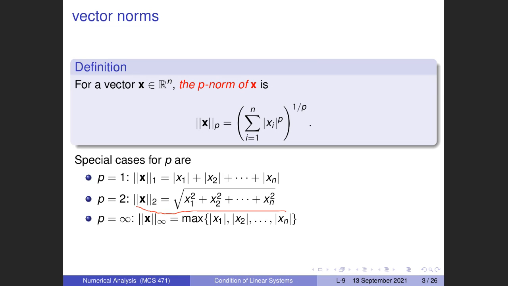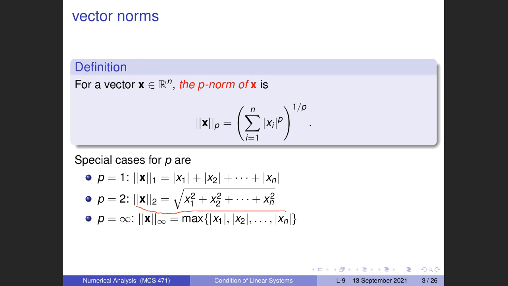Two other norms that are very popular are the sum of the absolute values, or the maximum coordinate, the largest coordinate. The largest coordinate is what is called the infinity norm. The sum of the absolute values is the 1 norm.